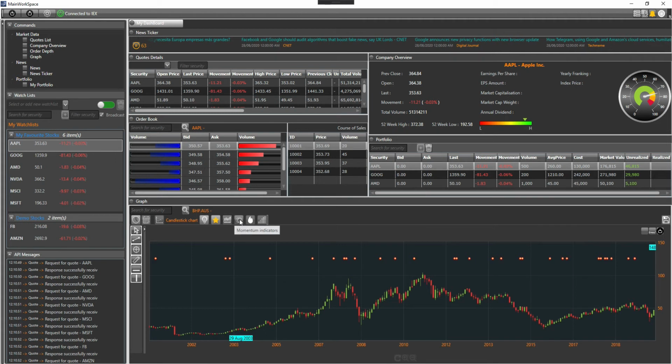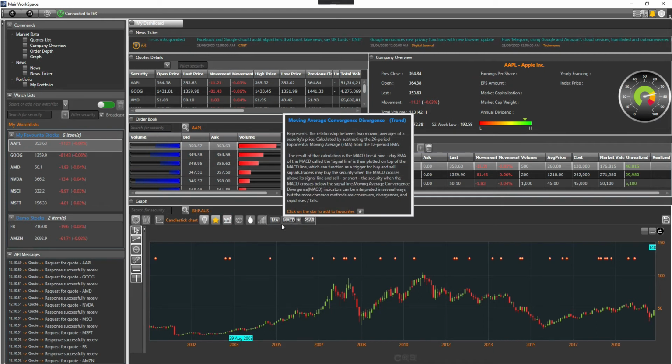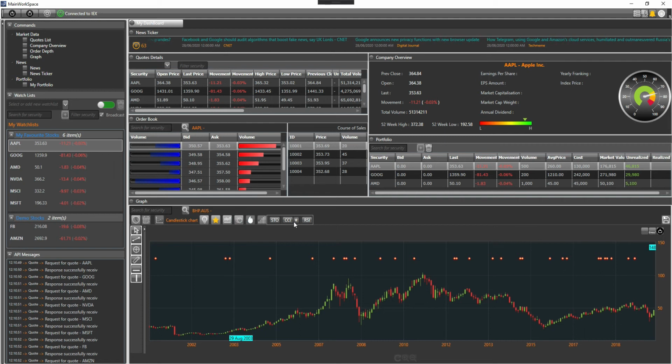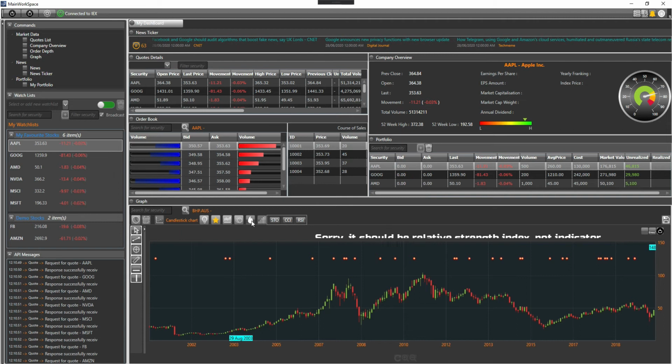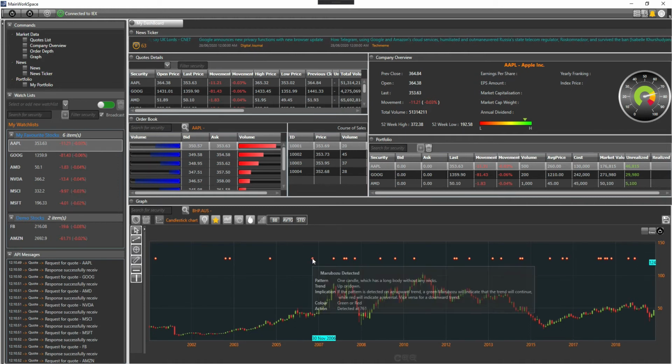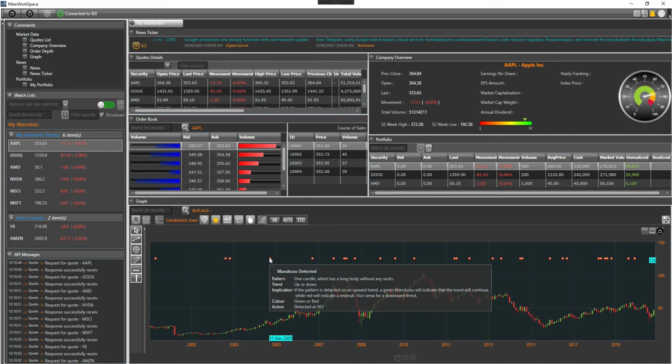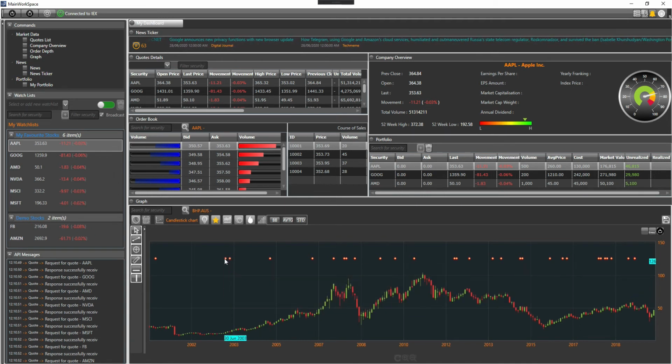We have the trend indicators, momentum, volatility, and volume, but I'm going to touch on one trend indicator, which is the MACD, one momentum indicator, which is the RSI, or the relative strength index, and one volatility indicator, which is the Bollinger Bands. Thirdly, I'll be talking about automatically detecting candlestick patterns. That's up here. And finally, I'll touch on what I plan to build next.